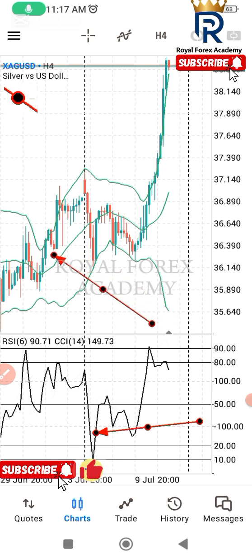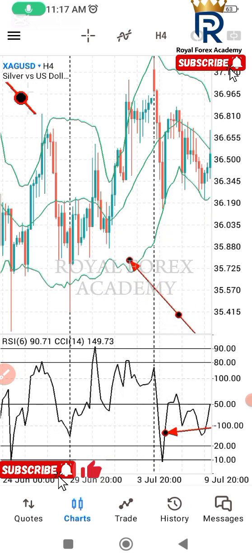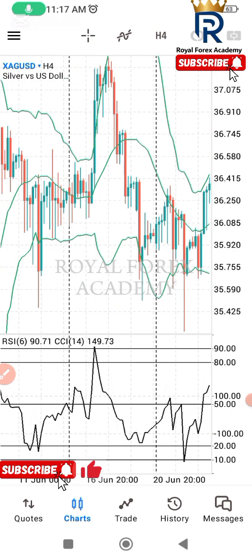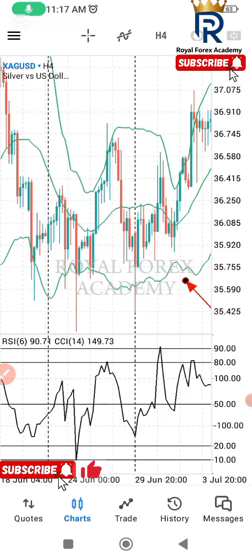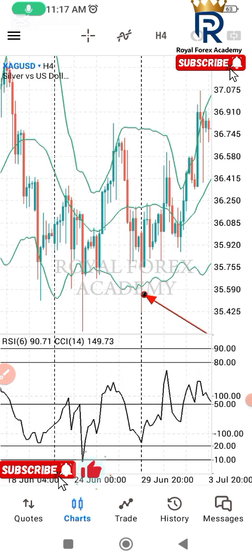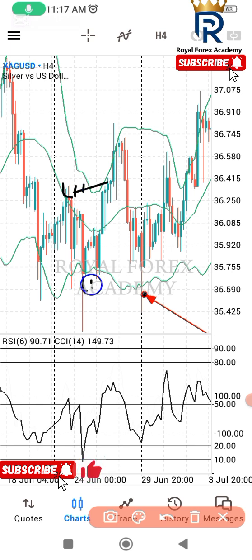So we begin by determining our trend, and here you can see that previously price has been coming down. If you can see, price was giving us a lower high, we have a lower low, and then suddenly we have this break of structure.